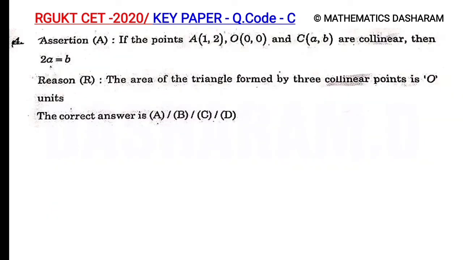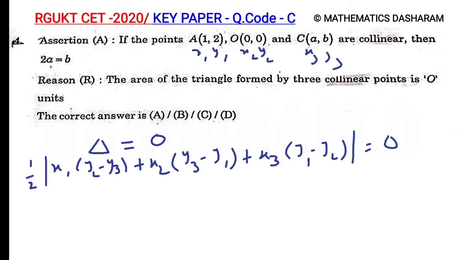Fourth question, the assertion is: if the points A, O, C are collinear, then 2A equals B. If the points are collinear, then the area of a triangle equals 0. We know very well the area of a triangle formula, 1 by 2 mod. Let's substitute the values in this formula. Here x1 is 1, bracket of y2 minus y3.